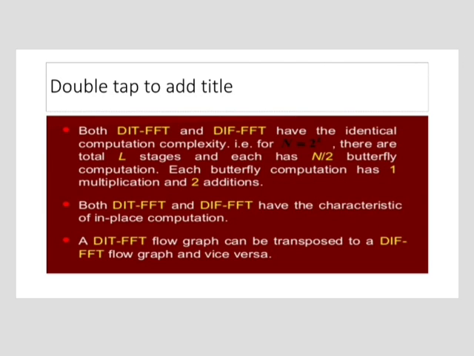Each butterfly computation has 1 multiplication and 2 additions. So both DIT and DIF FFT have the characteristic of in-place computation. A DIT FFT flow graph can be transposed to a DIF FFT flow graph and vice versa.